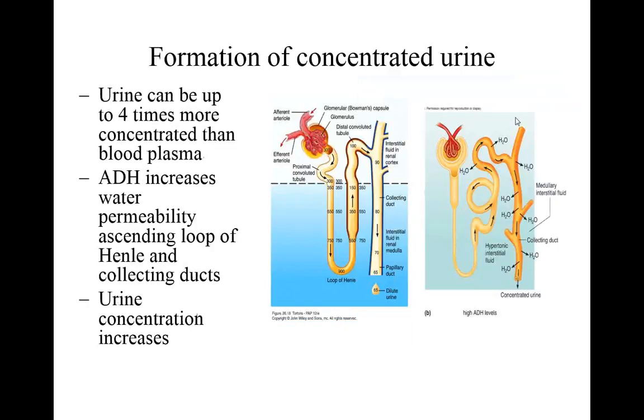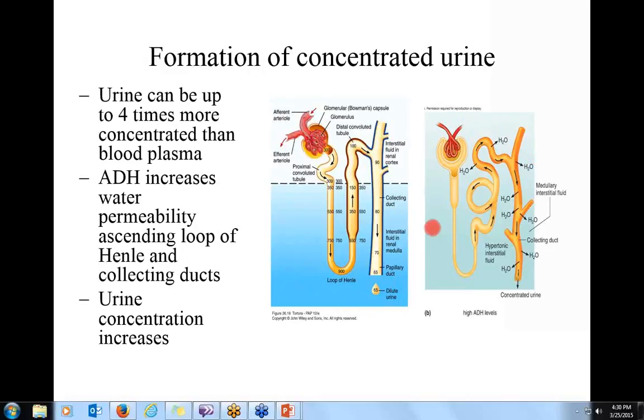Now, to produce a very concentrated urine, meaning a urine with lots of solutes, the distal convoluted tubule and the collecting duct have to become permeable to water. If they do become permeable to water, water will flow out passively from a higher concentration in the collecting duct to a lower concentration of solutes around the nephron.